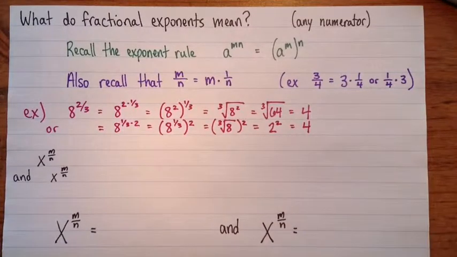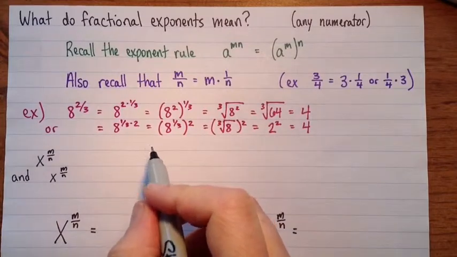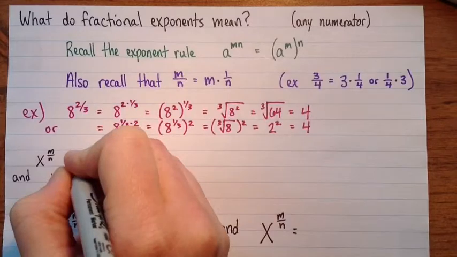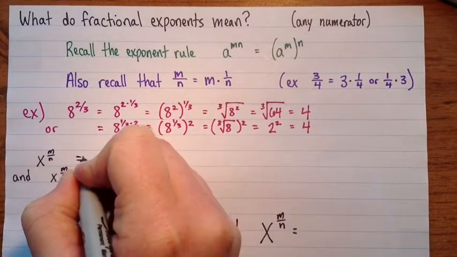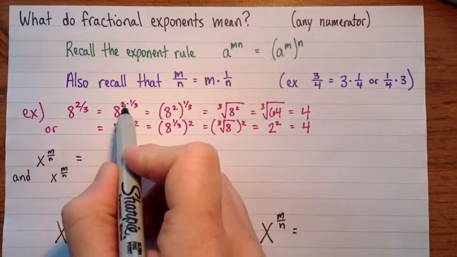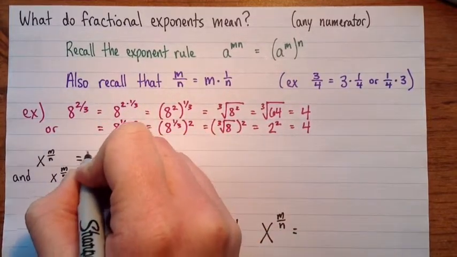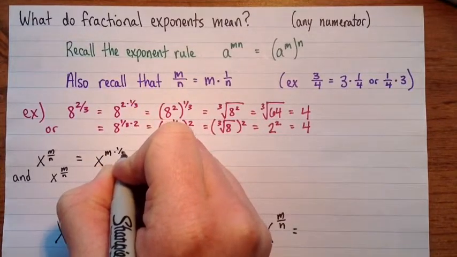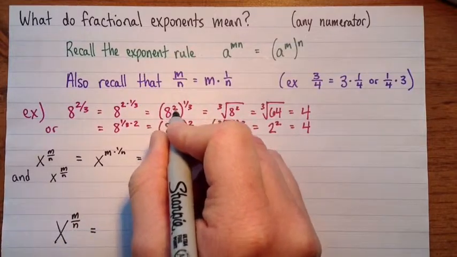That's perfect. Now I'm going to take what we did here and see what happens if all these numbers were just variables. So what if we were looking at x to the exponent m over n? The first way, I took my numerator and then multiplied by 1 over the denominator. So I have x to the m times 1 over n. Now I'll evaluate the first exponent first.